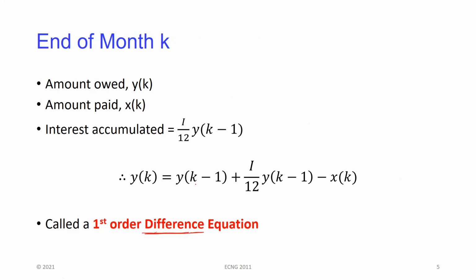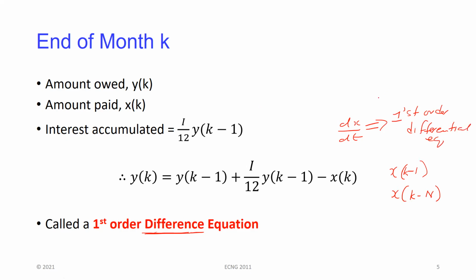And the difference equation, of course, instead of having a dx dt in it, will typically have an x of k minus 1 or x of k minus n type of descriptor in it. In our case, dx dt in the continuous time domain led us to our first order differential equation.